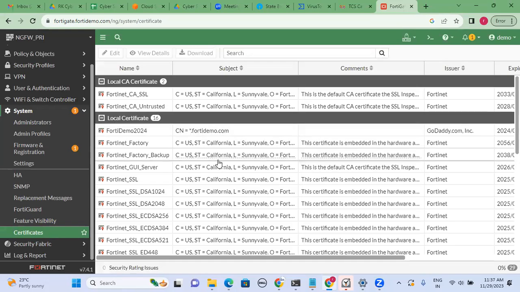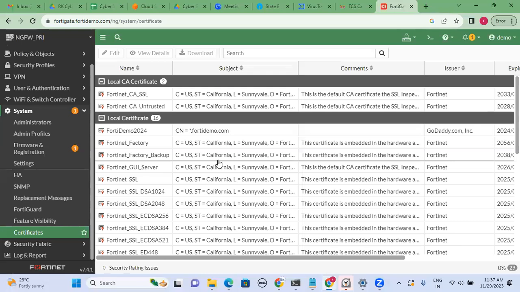Right now it's a demo tool, so I don't have admin access and I cannot generate. For example, if I'm purchasing a Fortigate firewall for my organization, I need not purchase a CA certificate. I can generate a certificate from here itself and use it.